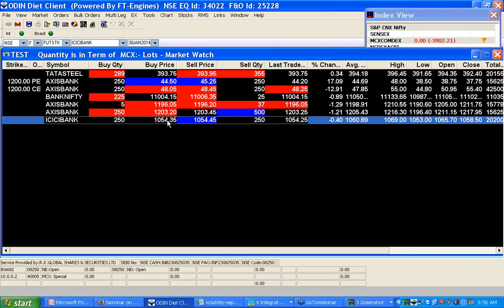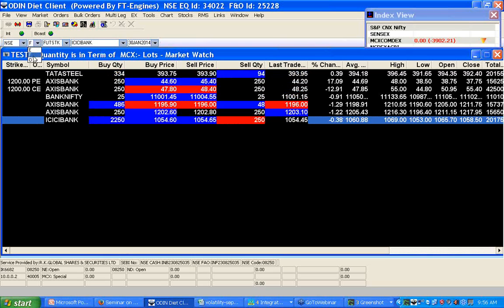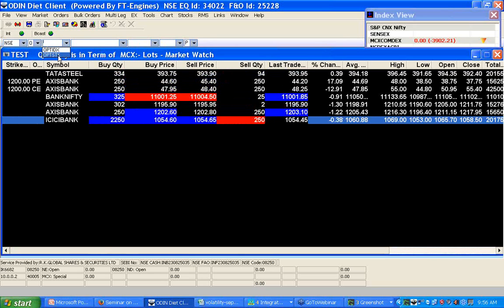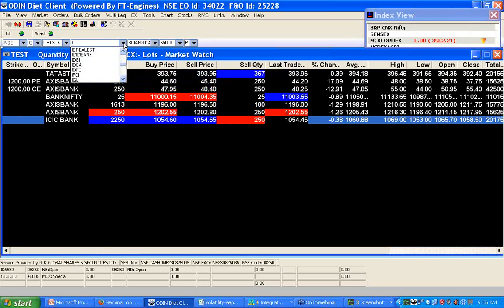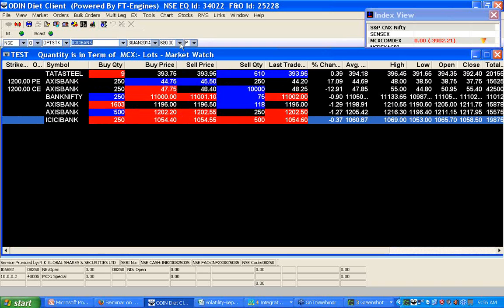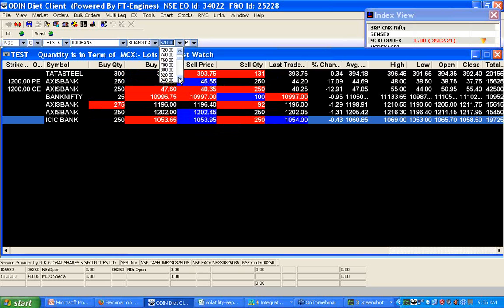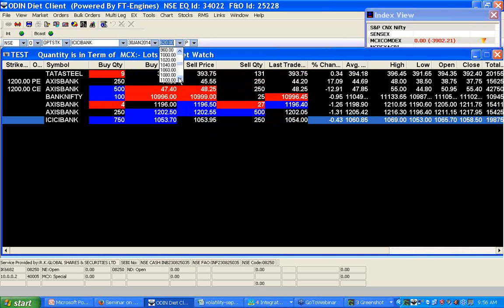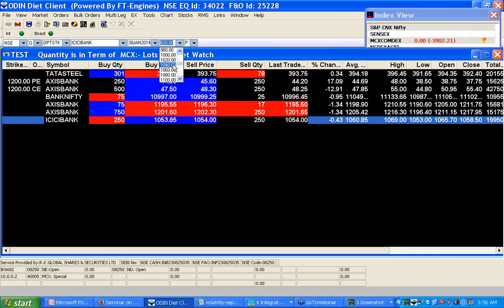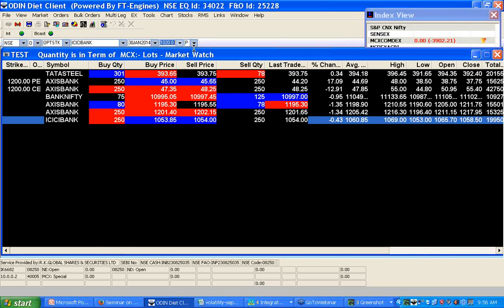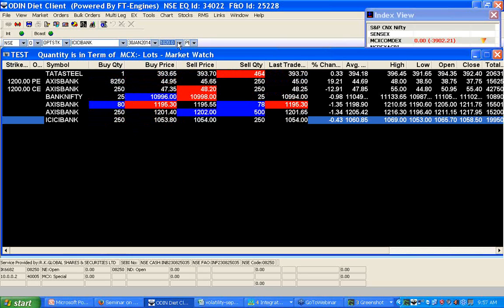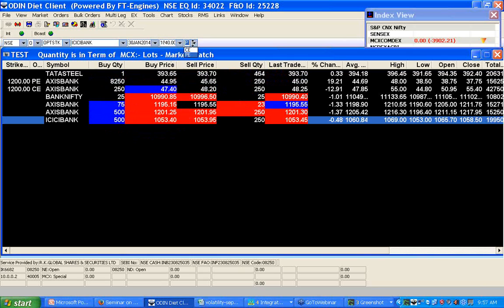Since we are selling this one, it will be better if I take a stock option in ICICI Bank, some in the money, because I am going to do it for an intraday trade. So time value decay factors will be there, but still I can think of going a little in the money, because I am going for intraday only. So a 1020 call or 1040 call I can think of.